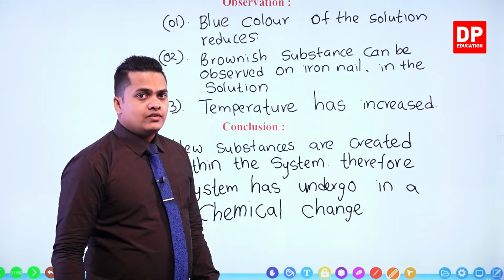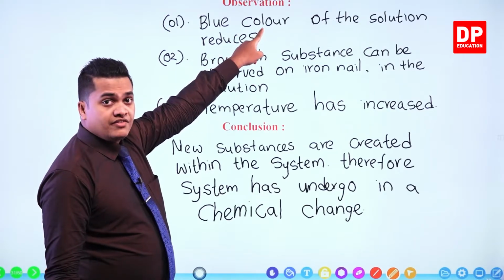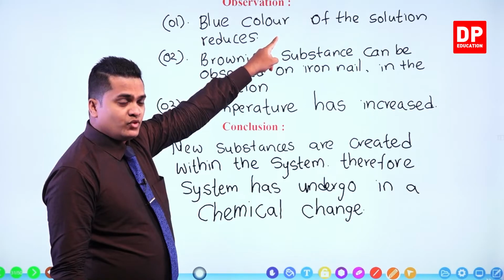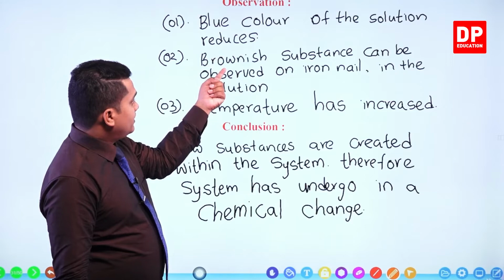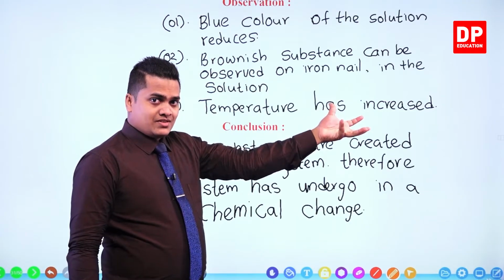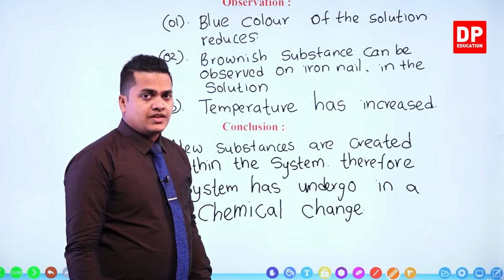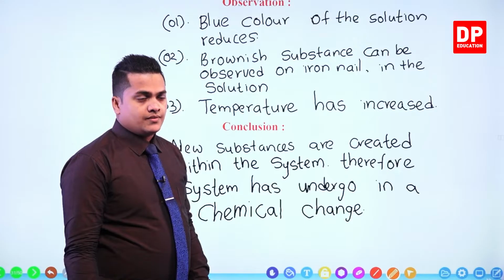So my dear children, if a new color is created within the system, we can say that a chemical change has happened. If a new colored substance has been created, we refer to this as a precipitate. If a precipitate occurs, then a chemical change has occurred.